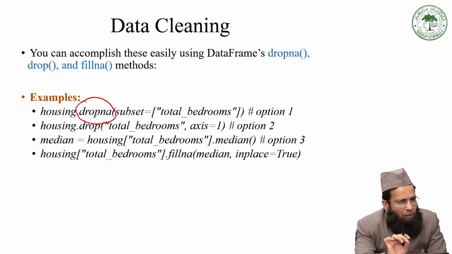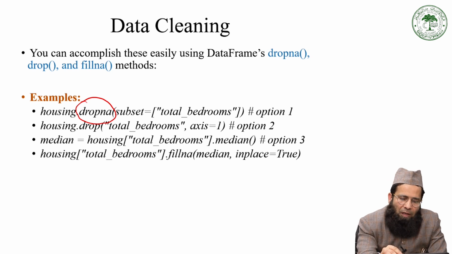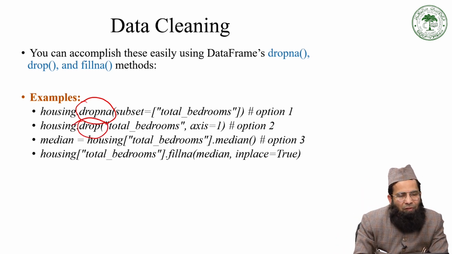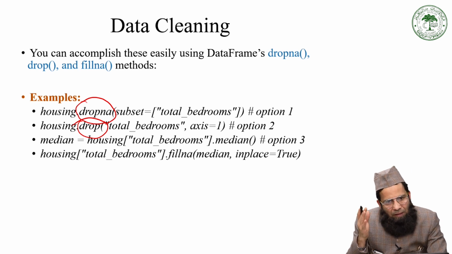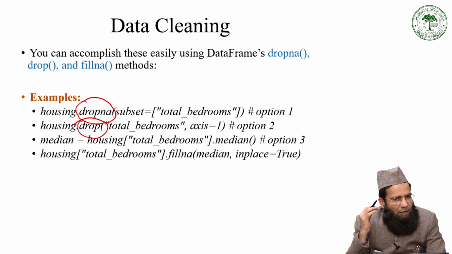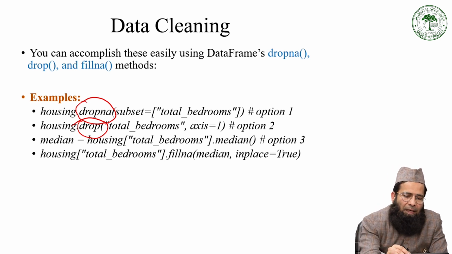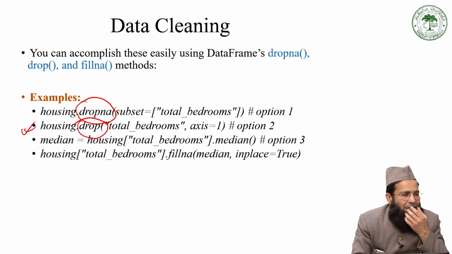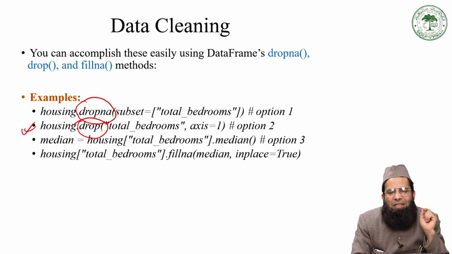This particular method drops a feature in which there are empty records. So first we need to identify the feature, and then we can apply this method. How to identify the feature which has missing values, that we will discuss.